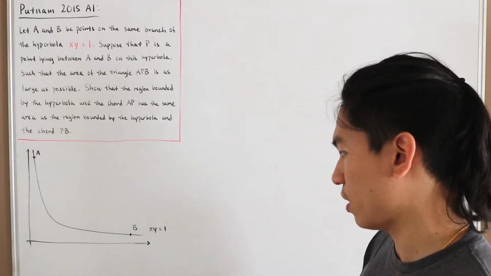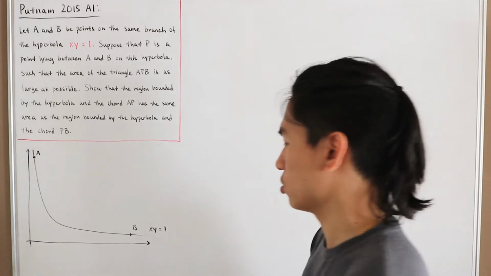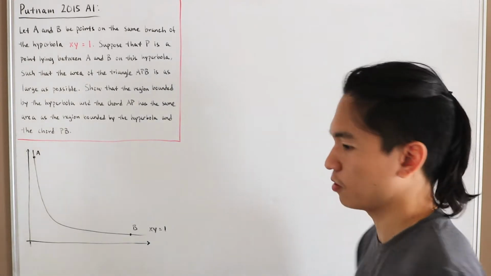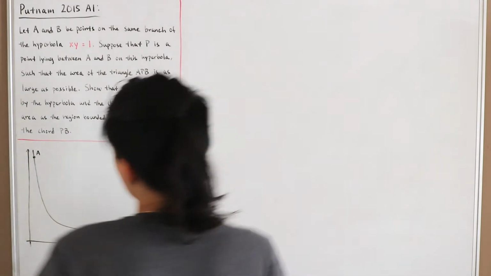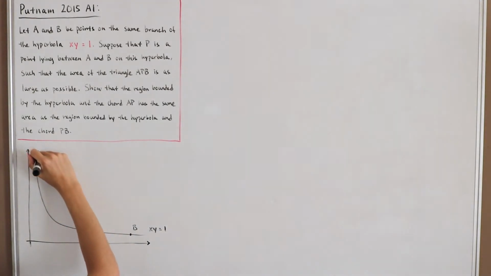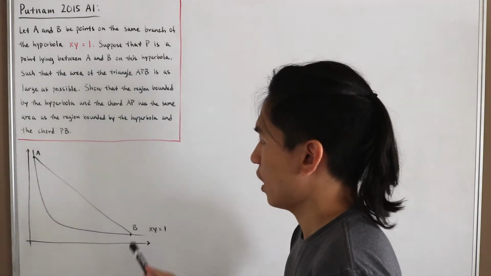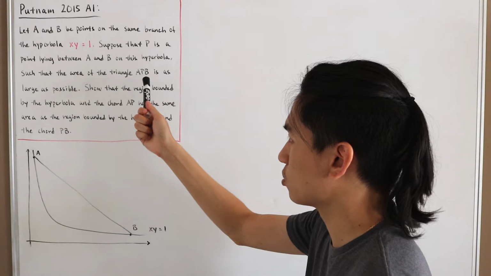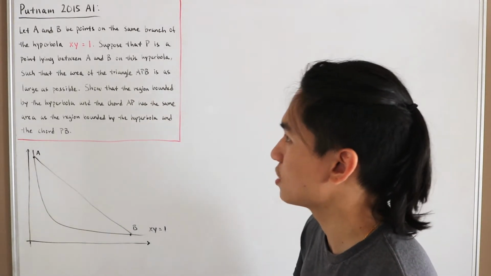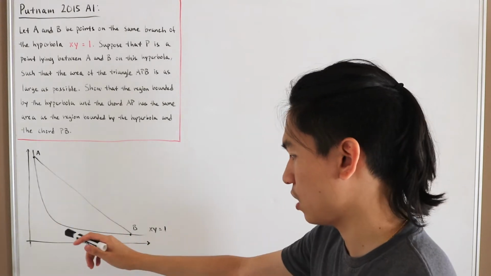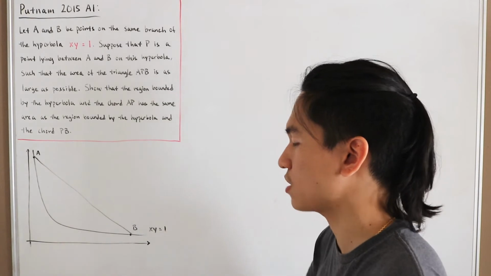If we want this triangle to be as large as possible, then if I sketch this line segment from A to B, and we want the area of APB to be as large as possible, that actually means that the perpendicular distance of P to the line segment AB also has to be maximal.